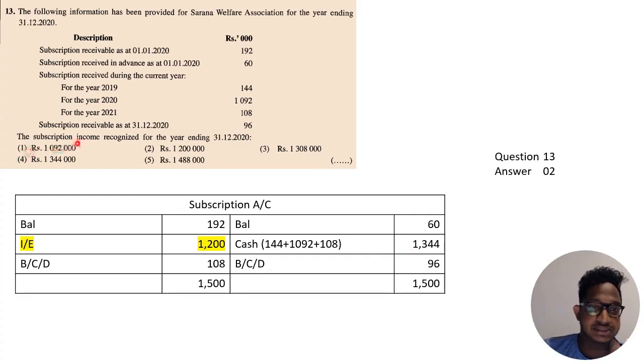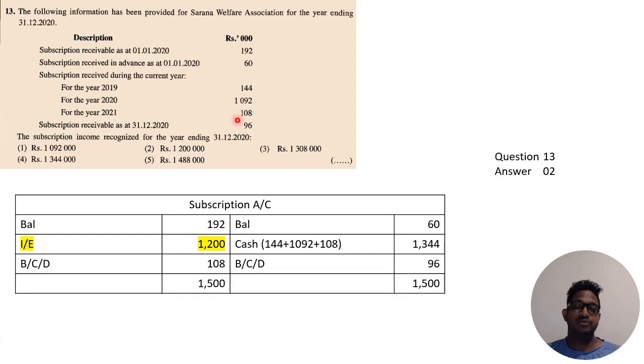And here it says the subscription receivable as at closing date is 96. So the balance brought forward should be on the debit side, which means the balance carried down should be on the credit side, because these are the subscription receivable as at closing date. And here it's mentioned the subscription received during the year. You received 108 for the next year.